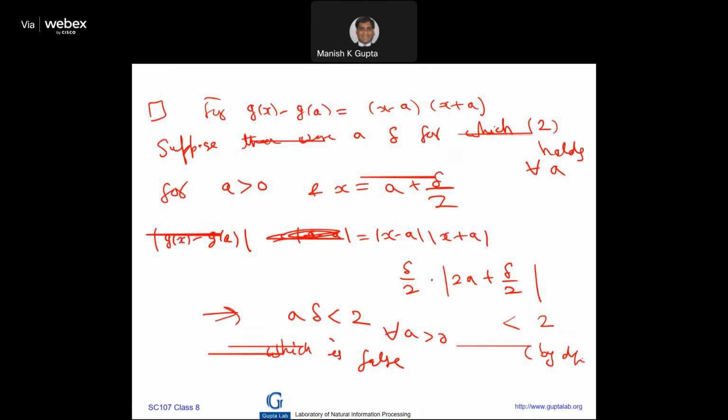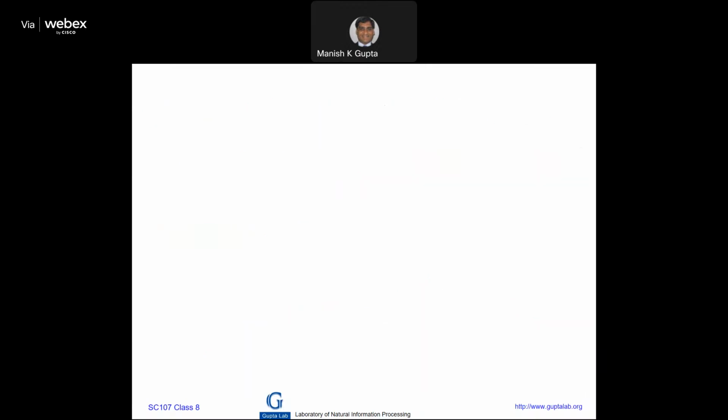So basically, the function g is equal to x square, corresponding to epsilon is equal to 2.